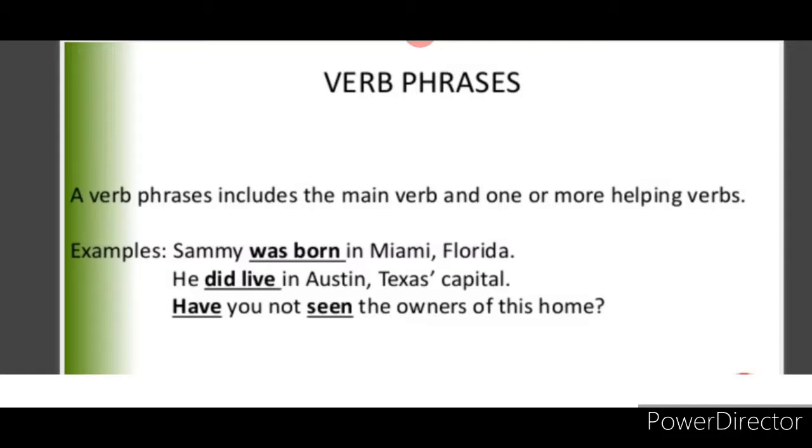Okay children, so first let us discuss the verb phrases. A verb phrase includes the main verb and one or more helping verbs. Now tell me, what is a main verb, what is a helping verb?